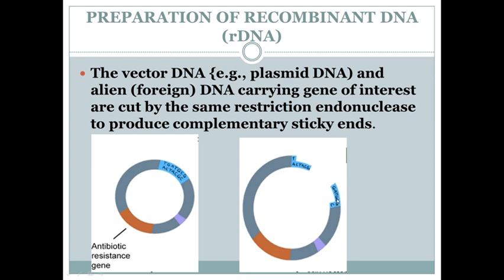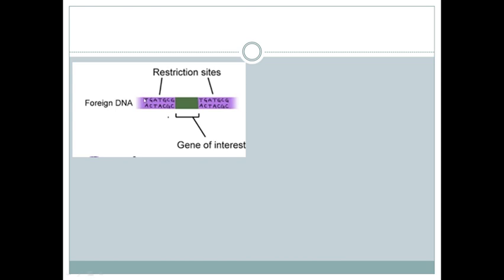The next step is that we treat the foreign DNA from which we have to collect our gene of interest. Suppose this is a foreign DNA, and here it carries a gene of interest whose product we want to obtain. Please note that this gene of interest is flanked by restriction sites on either side. If we treat this foreign DNA with the restriction endonuclease, it will produce two cuts, one on the left-hand side and another on the right side.